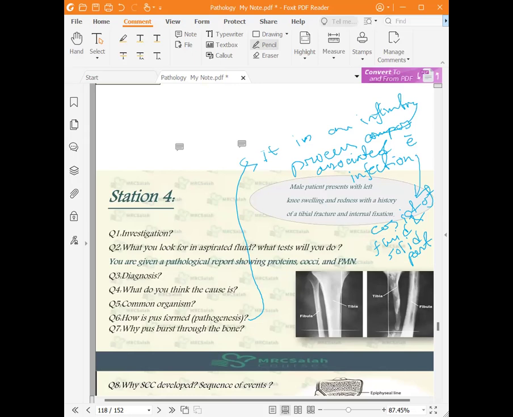Okay. Next question. Why does pus burst through the bone?